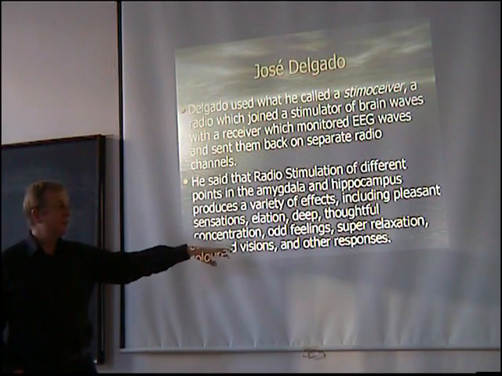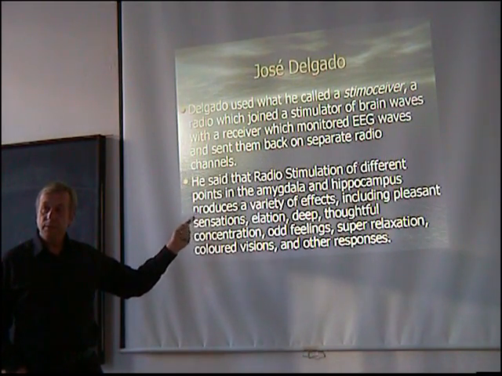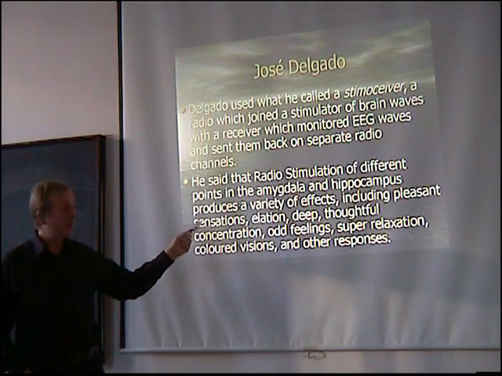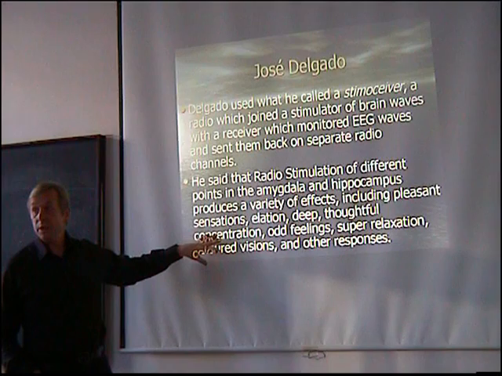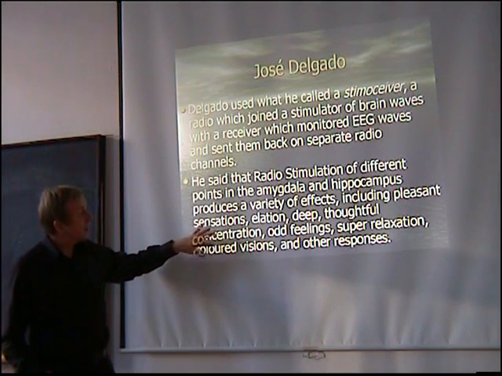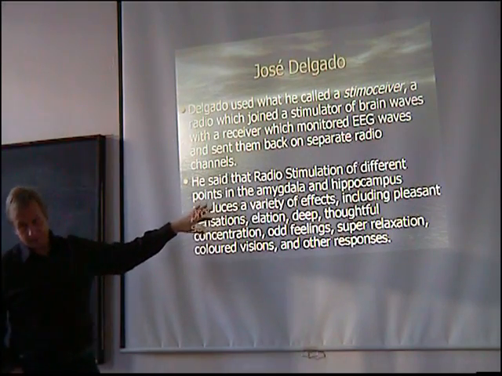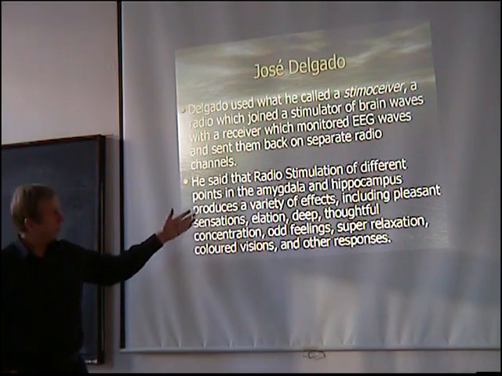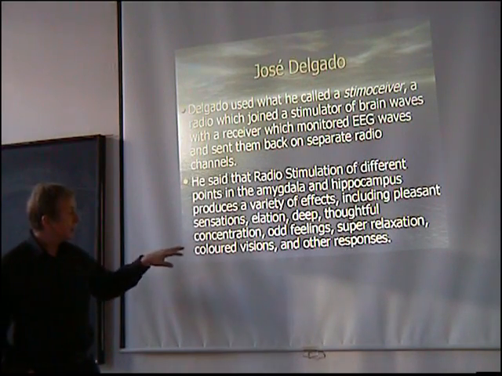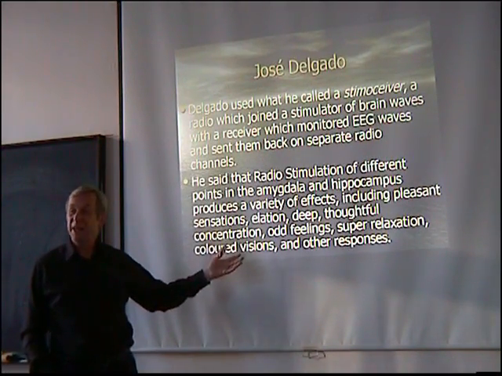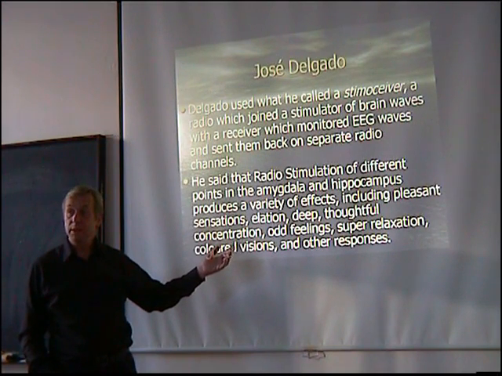So this is pushing electrodes in the brain to bring about all sorts of different results, dependent on where the brain was stimulated. Now clearly some of these you could perhaps infer from animals, but when it comes to coloured visions, it can only be through human experimentation that you get those things.